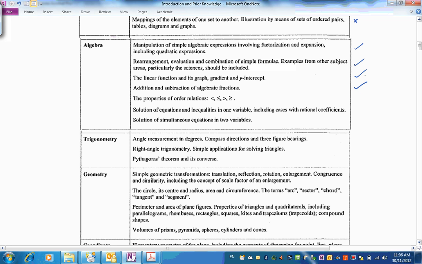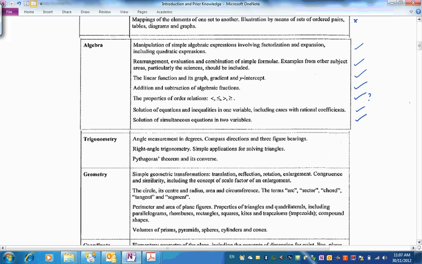The properties of order, relations greater than or less than signs, yes, possibly a question mark for some people. Solution of equations, inequalities in one variable, usually okay. Solution of simultaneous equations in two variables, intersection of straight lines and that sort of thing. Year 10 would give that a tick.